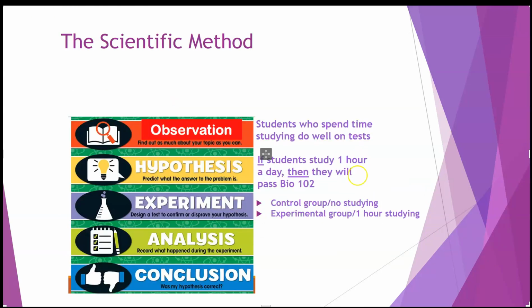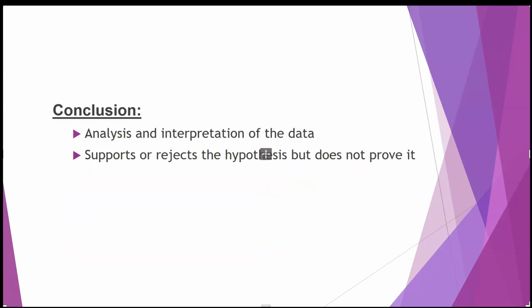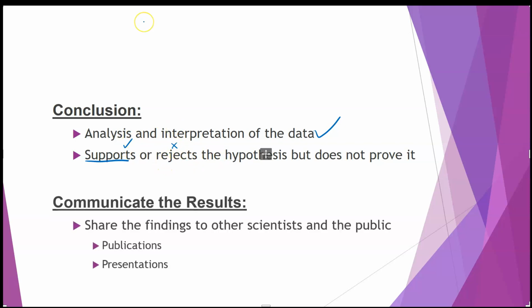So again, if we did this experiment, control group, no studying, experimental group, 1 hour studying. Let's say we analyze it. Wow, look at that. Students who study for 1 hour daily were 10 times more likely to pass the class. At the conclusion of this, we're just going to analyze and interpret our data. What does it mean? And finally, does it support our hypothesis or does it reject our hypothesis?